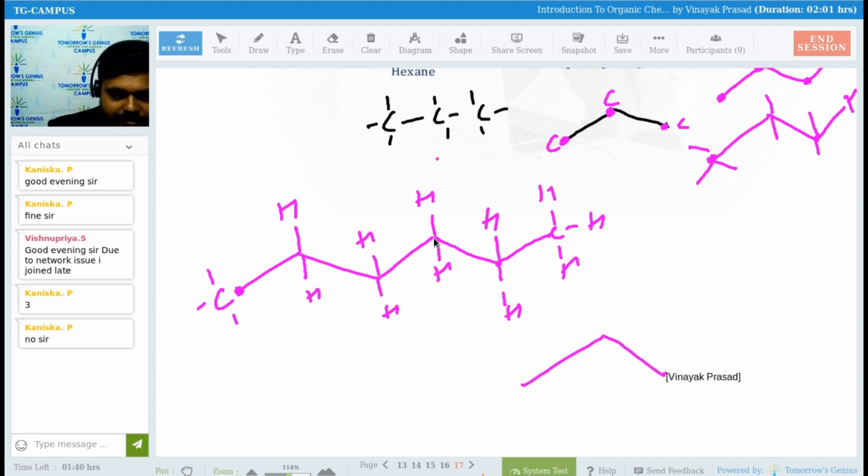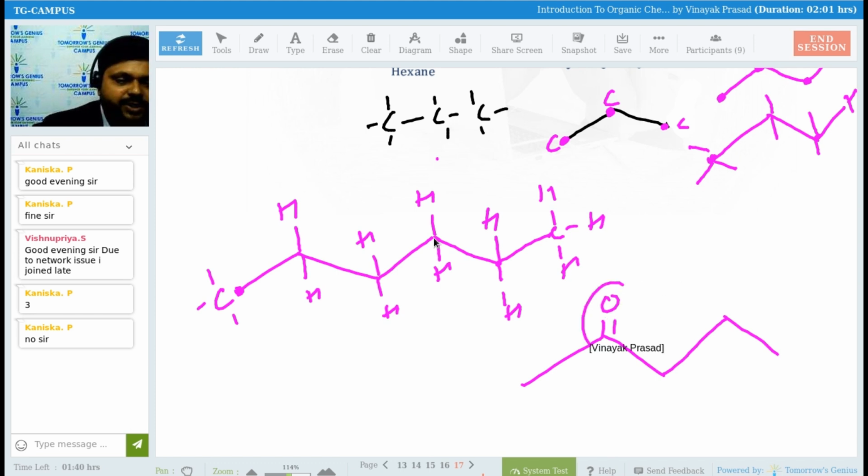This can also be drawn like this, and here there will be a double bond O. Is it okay? Now see here, this carbon is attached with double bond O. This is the ketone group. I will be discussing this group later on. So the valency of this carbon is already fulfilled here.